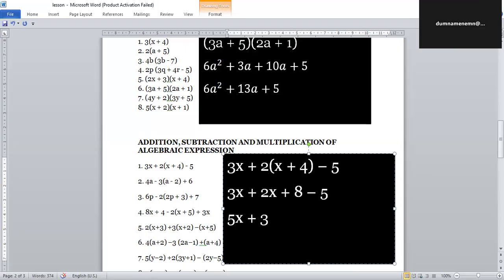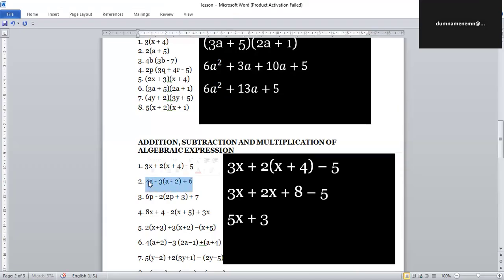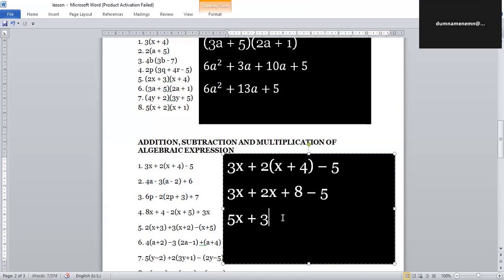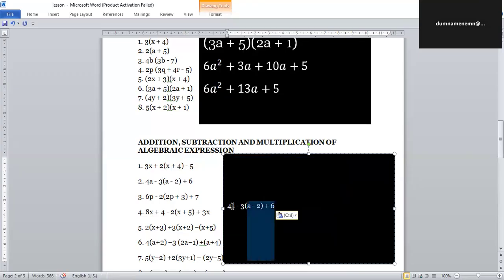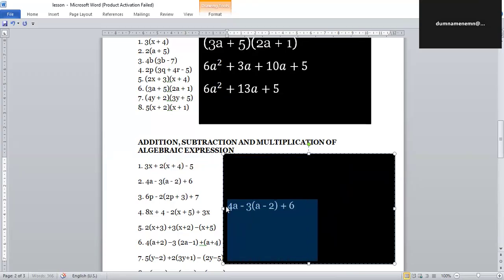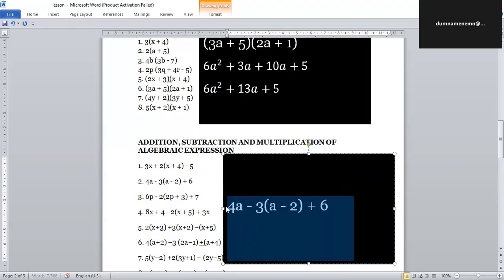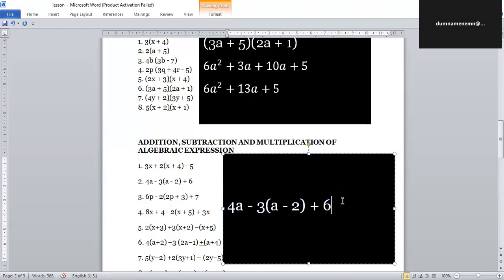All right, so let's go to question 2. We are applying the same skill to solve this question. Remember, what precedes the bracket is going to multiply what is inside the bracket.